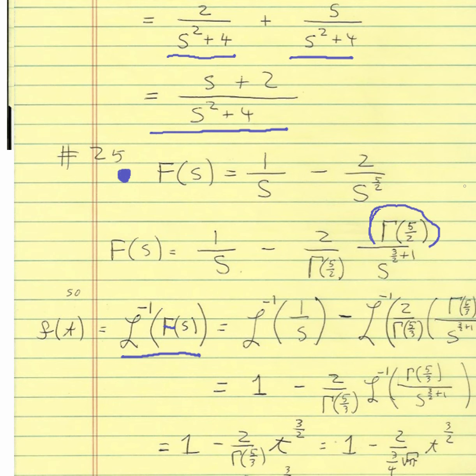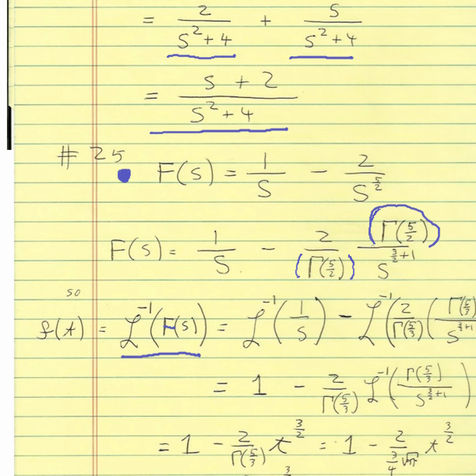So what we do is we take our term 2 divided by s to the 5/2, and we write it as gamma of 5/2 divided by s to the 3/2 plus 1. But then notice that in order to do that, I have to both multiply and divide by gamma of 5/2. That's what you're seeing here and here.